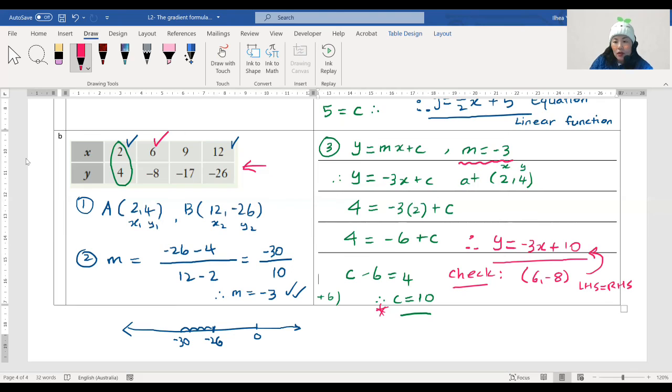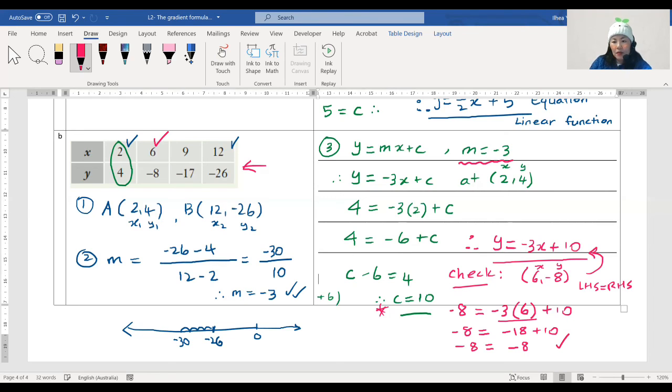So let's have a look. That's my x, that's my y. Minus 8 equals minus 3 times 6 plus 10. Oops, sorry, it's minus 8. So minus 8 equals, now, minus 3 times 6 is minus 18, plus 10. So minus 8 equals minus 8.